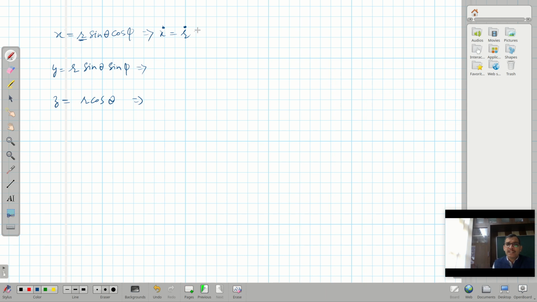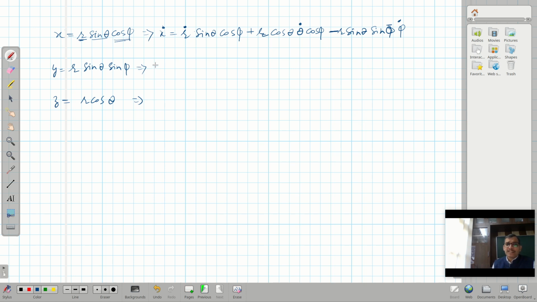It is r dot, and I will apply the chain rule: the first factor remains as it is, then the derivative of sine theta is cos theta, and the derivative of theta gives theta dot, with cos phi remaining as it is, plus r sine theta remains as it is, and the derivative of cos phi is negative sine phi, and the derivative of phi is phi dot.